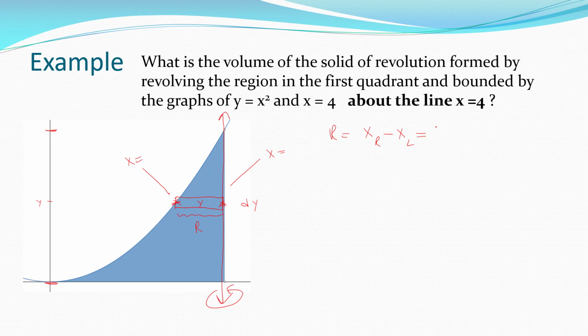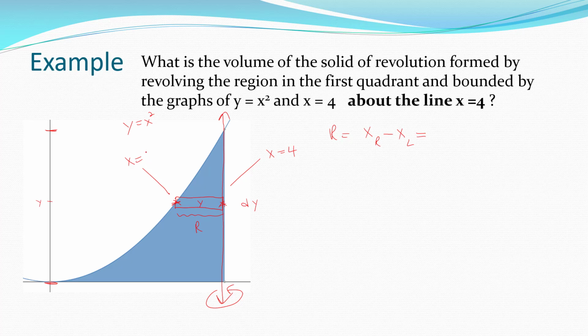The rightmost x value, well, this point off here to the right is always on the curve x equals 4, while the point on the left of that rectangle is always on the curve y equals x squared. So I need to know what x is equal to. I'll just solve that for x to get x equals plus or minus the square root of y.